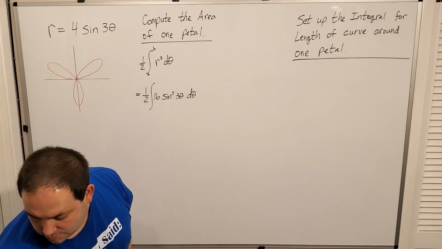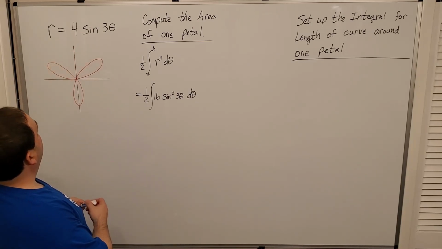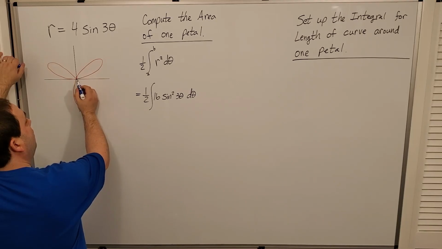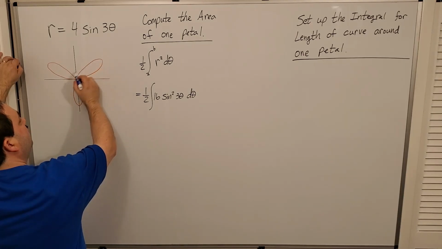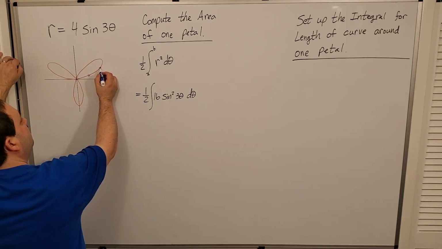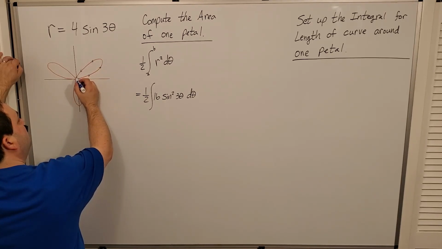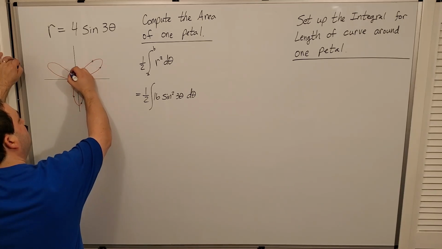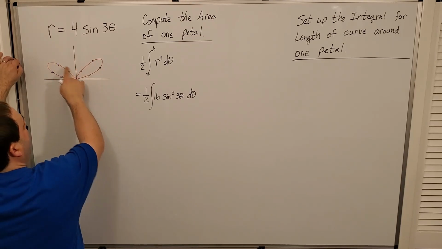So I'm going to take a look. Remember, we're doing the area of one of these petals here. So all I need to know is r is equal to 0 at the beginning, right? It draws this way, and then it comes down through here and goes this way, then back up this way, and this way, then back to the start again.